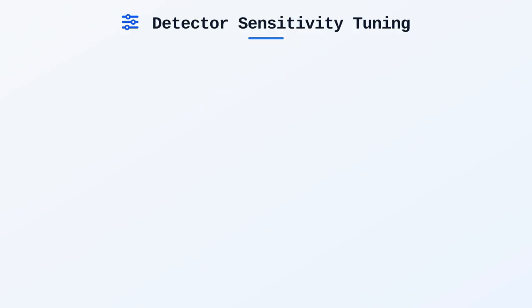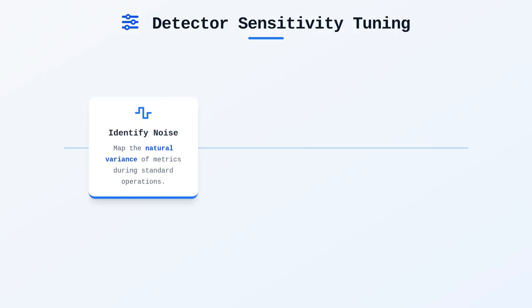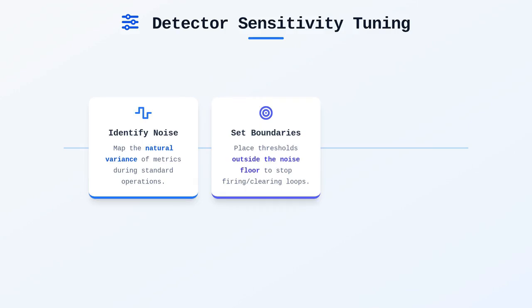Tuning the sensitivity of your detectors is the final layer of configuration that bridges the gap between raw data and actionable intelligence. We must adjust the sensitivity settings to eliminate the loops caused by rapid firing and clearing cycles, often by recalibrating the boundary between normal and abnormal behavior. This typically involves identifying the natural variance of the metric during standard operating conditions and setting the detector thresholds outside of this observed noise floor.